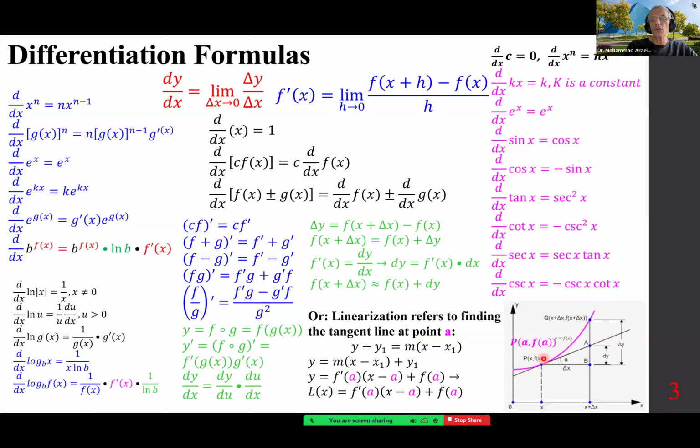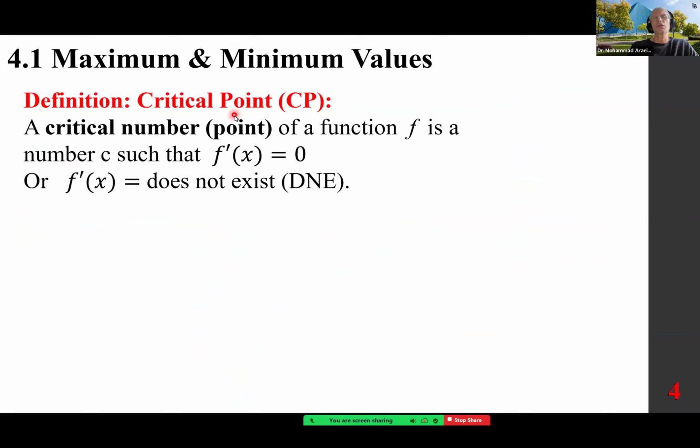But if it's very close, either one is fine. L of x will be the approximation for f of x at those values. Okay, so that's the idea behind linearization.